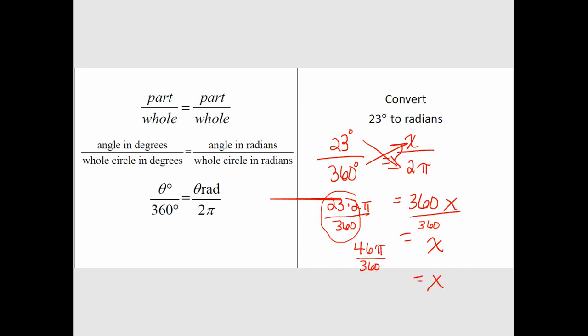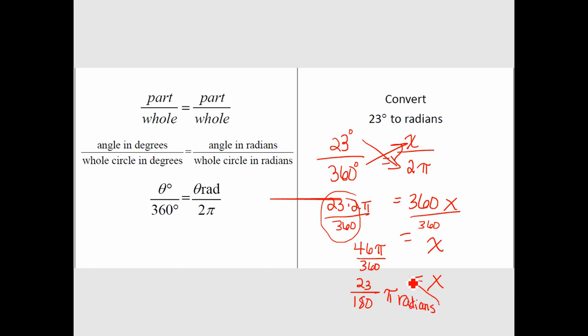And now I can just leave that pi sitting there and just simplify the 46 out of 360 fraction, and you just leave it as a fraction, right? And make that become 23 out of 180 pi. That would be 23 180ths pi radians.